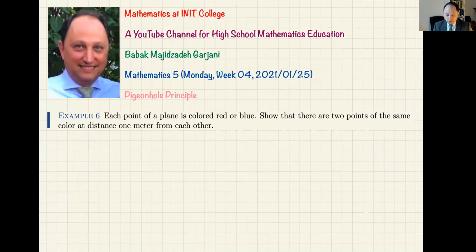You are not only claiming that there are 2 points of the same color, but we want to show that if you look closely, you definitely find at least 1 pair of points of the same color, so that if I measure the distance between those 2 points, it is exactly 1 meter. So the way that you talked about the number of colors and points was correct. But how do you want to argue for the distance simultaneously as well?